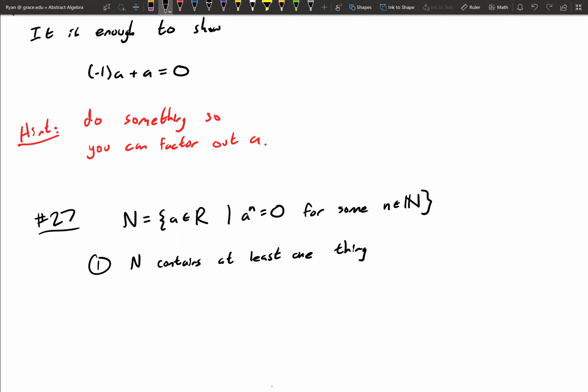Yeah. Now, you have to show that if you have two nilpotent things, then AB is nilpotent.